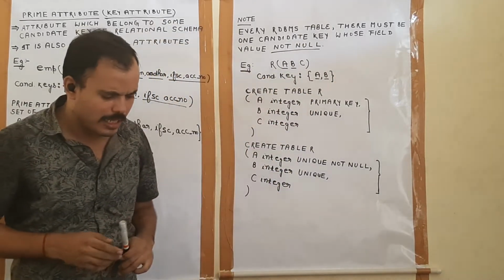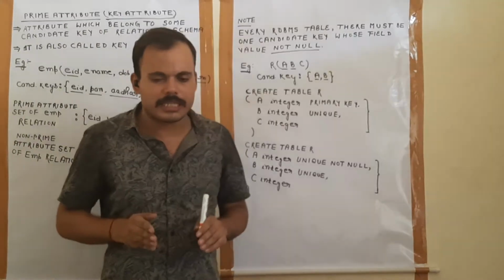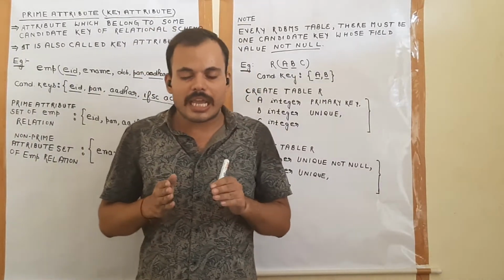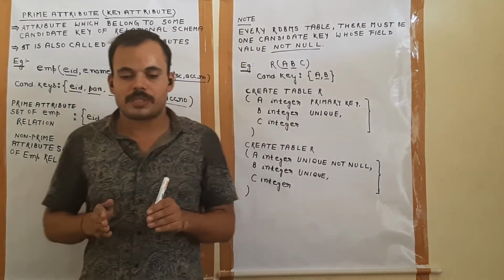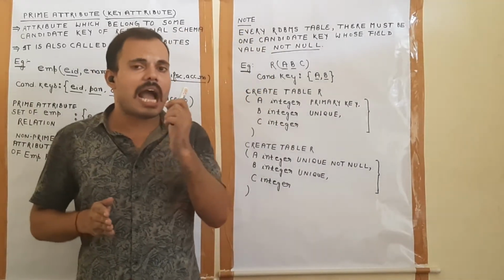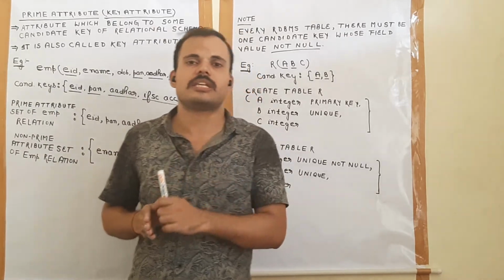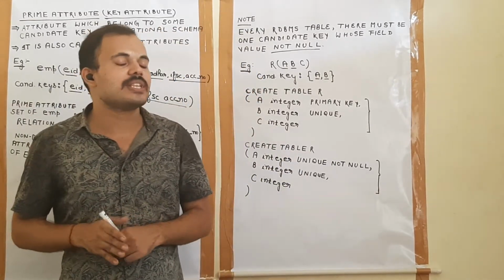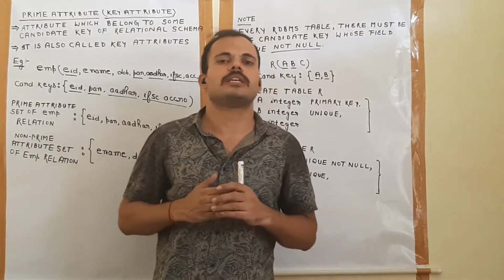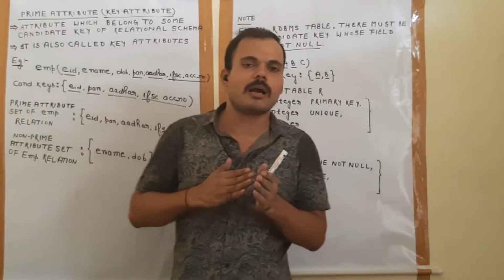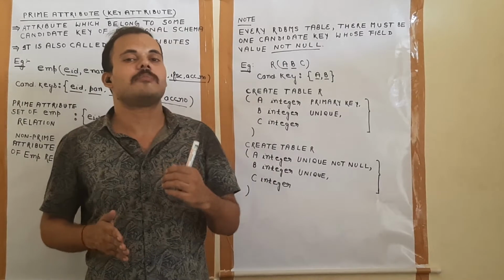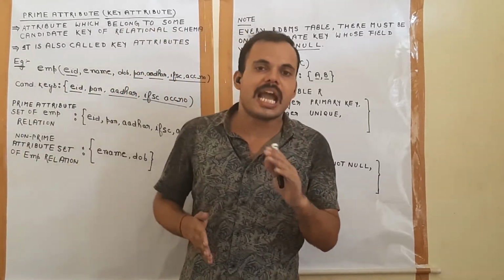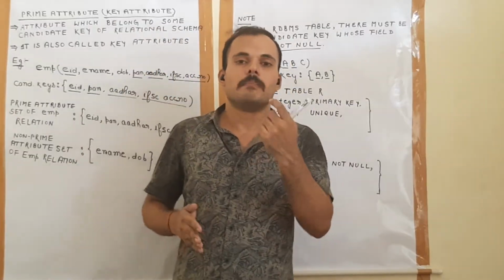Understood? We have studied that in a relation there must be at most one primary key. That means a maximum of one primary key and a minimum of 0.